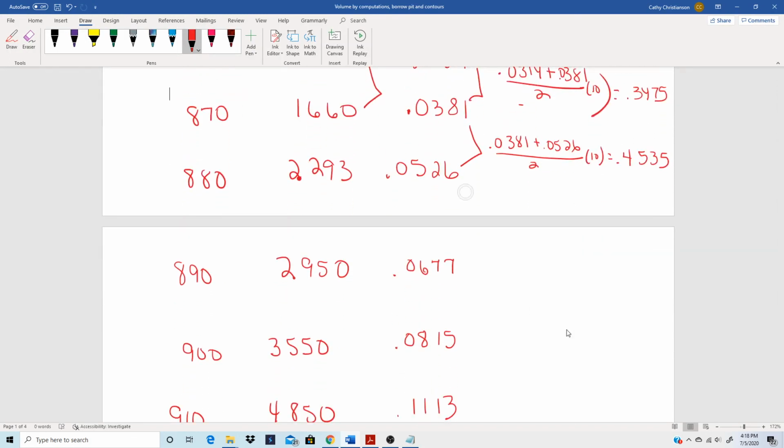Now I need to do the one between this one and here. So 0.0526 plus 0.0677 divided by 2 times 10. 10 feet between contours. That gives me 0.6015, and this is acre foot, and then we can add them all together.